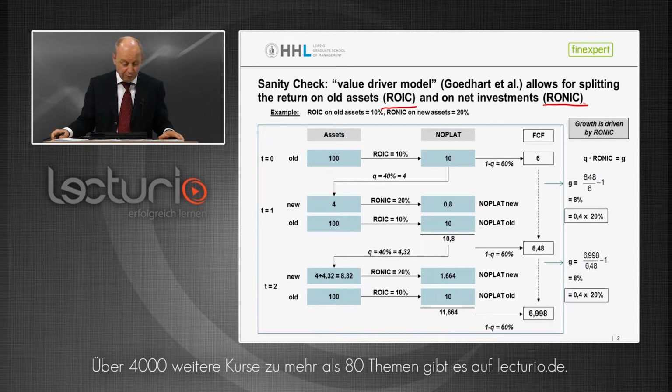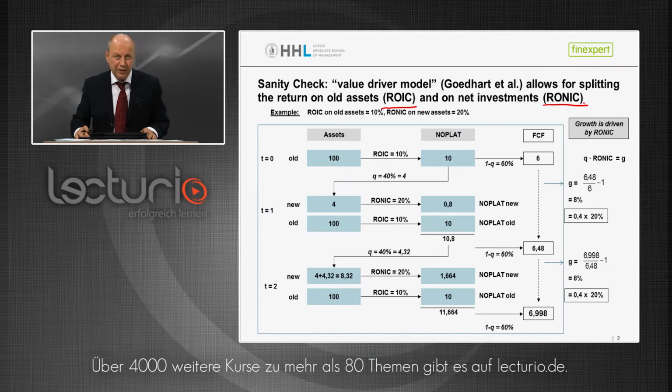This model is called the value driver model. You should remember that the plain Gordon-Shapiro model works with the assumption that all assets have the same ROIC, the same rate of return, and the extension is that now we can split the rate of return between the old and the new investments.